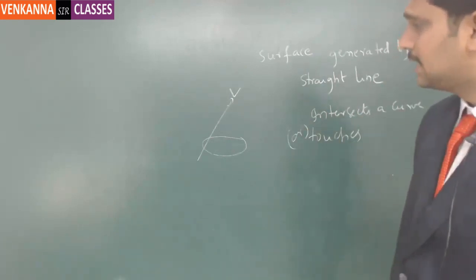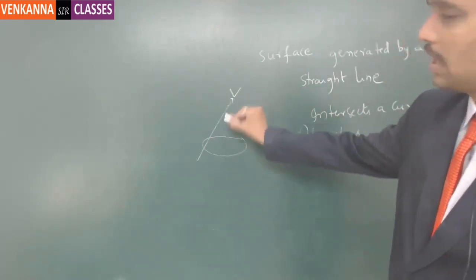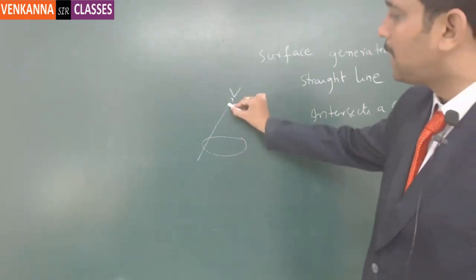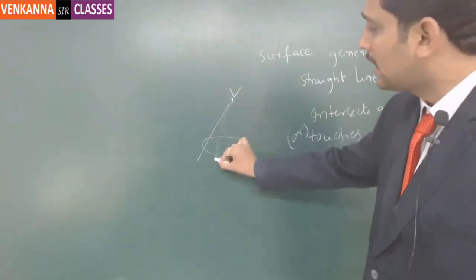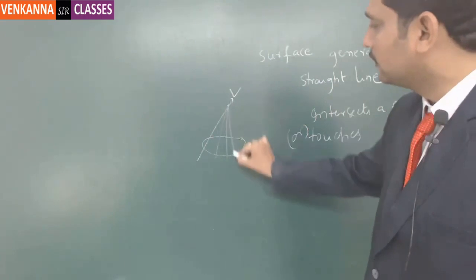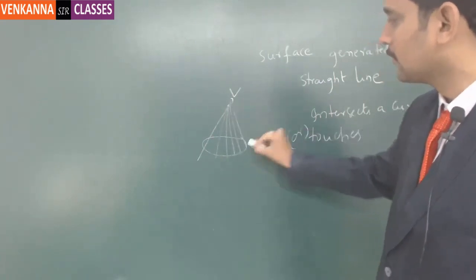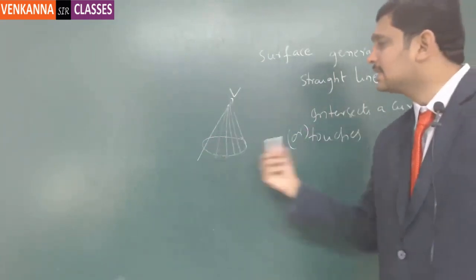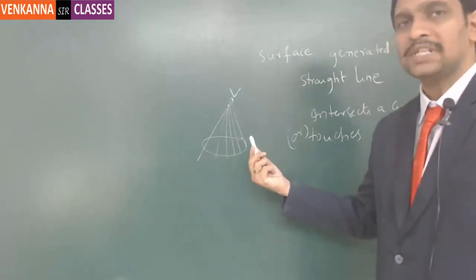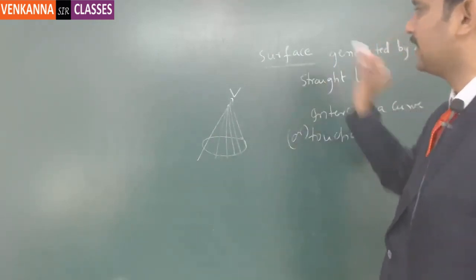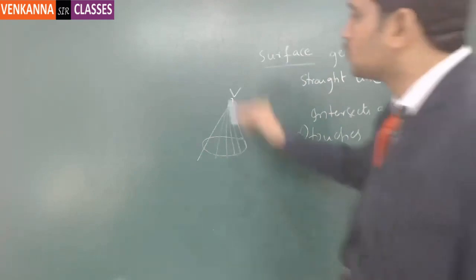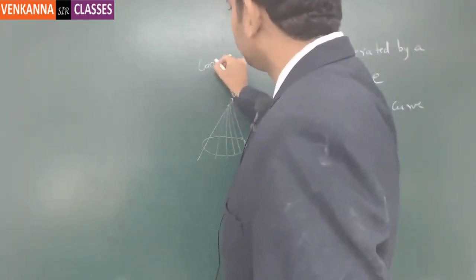If you consider the set of all straight lines passing through one point and intersecting a curve, all these lines collectively generate a surface. That surface we call a cone.